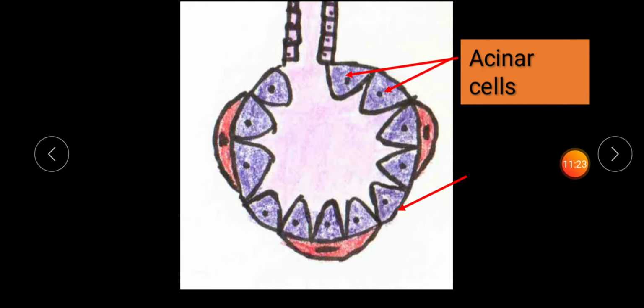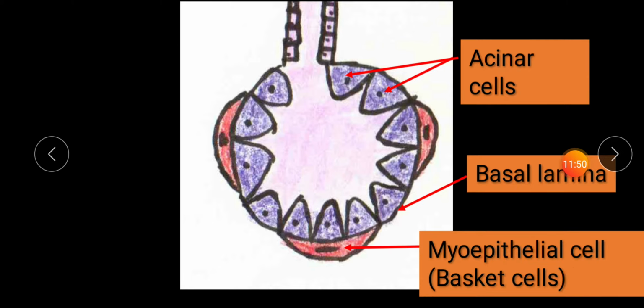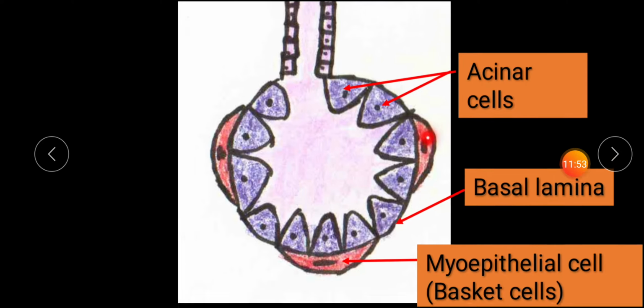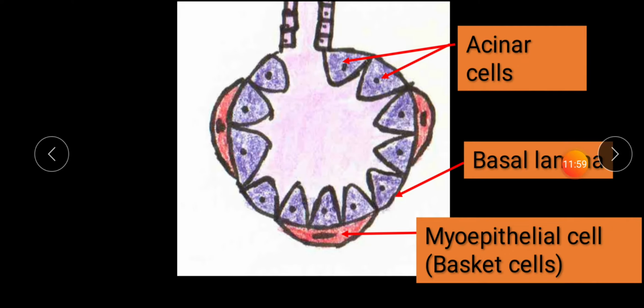Next, you can see just on the outer aspect of the acinar cells there is a continuous lamina on which the acinar cells rest. That lamina is termed the basal lamina. Still outer to this basal lamina, you will have some cells. You can see this is 1, this is 2, and this is 3. These cells are termed the myoepithelial cells or basket cells.